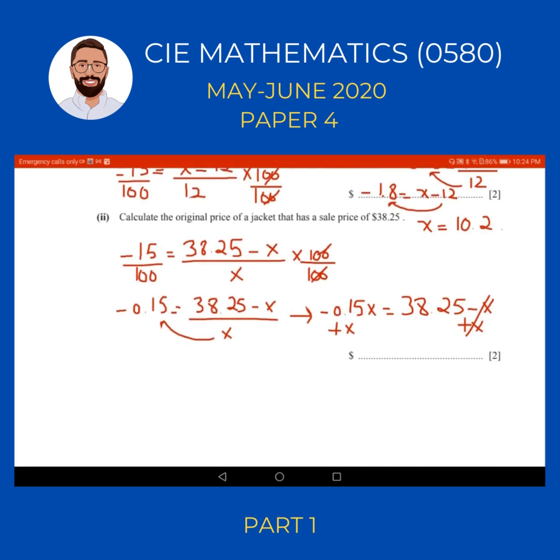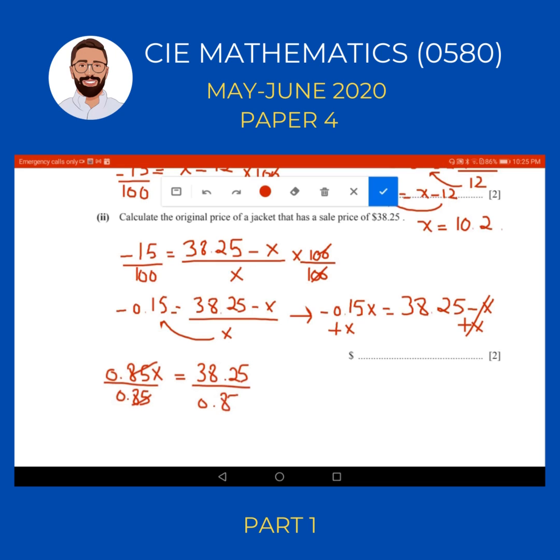So negative 0.15x plus x is 0.85x equals 38.25. So over 0.85 and here over 0.85. So x is equal to 38.25 over 0.85. So the answer is $45. So the original price is $45.